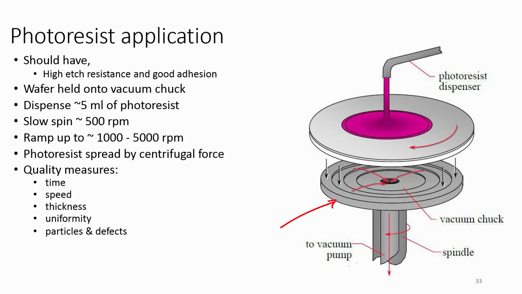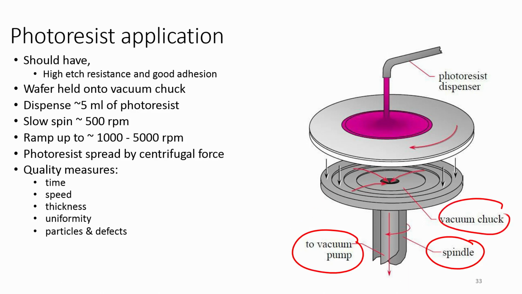There is a vacuum pump, this goes to the vacuum pump. There is a spindle which spins, and as we said in the beginning, there is a vacuum chuck here. The vacuum would be created in this center area.